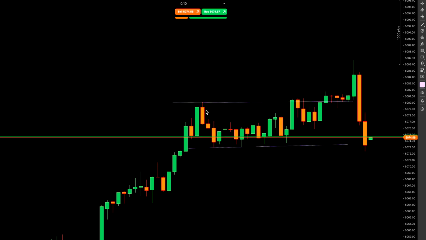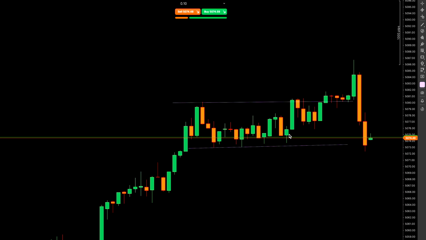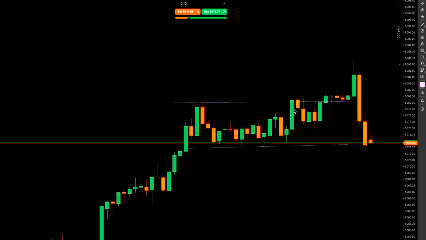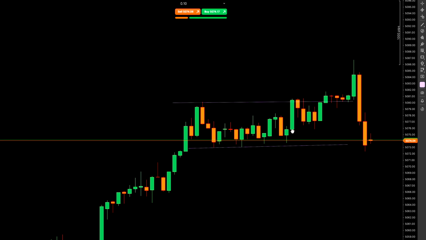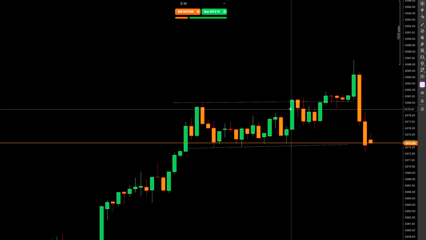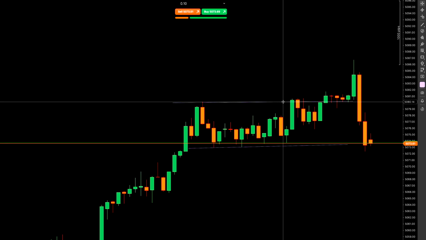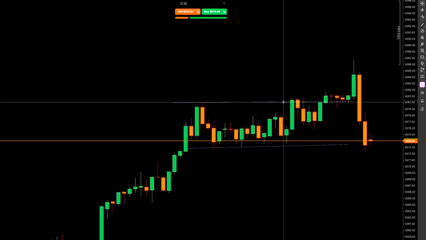To make it shorter, I don't want to make the video long. All those areas are range. All right, so let's start from here. Consider this one as a very powerful bullish candle. You could have used that as some type of market breakthrough, but you're going to have to see the next candle.